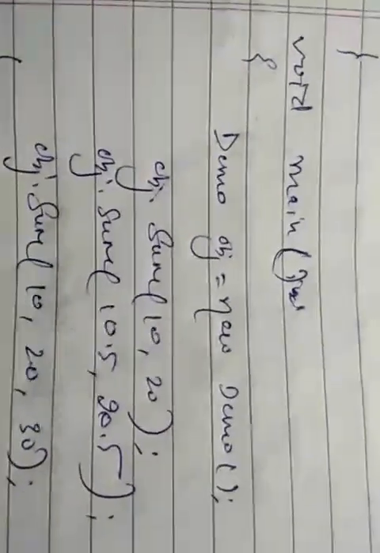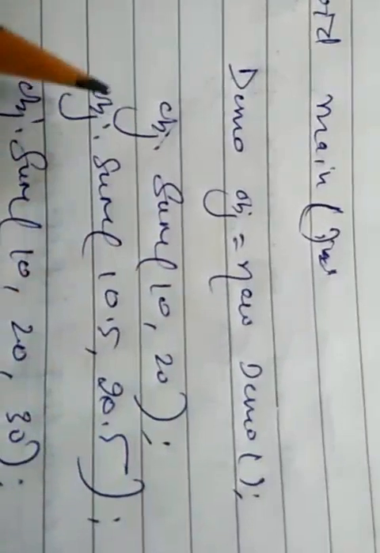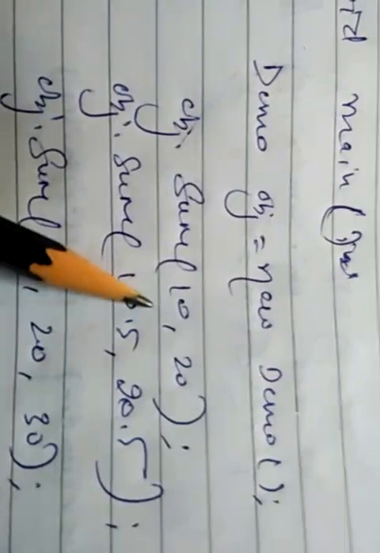And now we are invoking these functions in the main function. First we have to create an object of the class. So demo obj = new demo, and now we are calling obj.sum, and when we pass two integer values, the system will automatically find out.